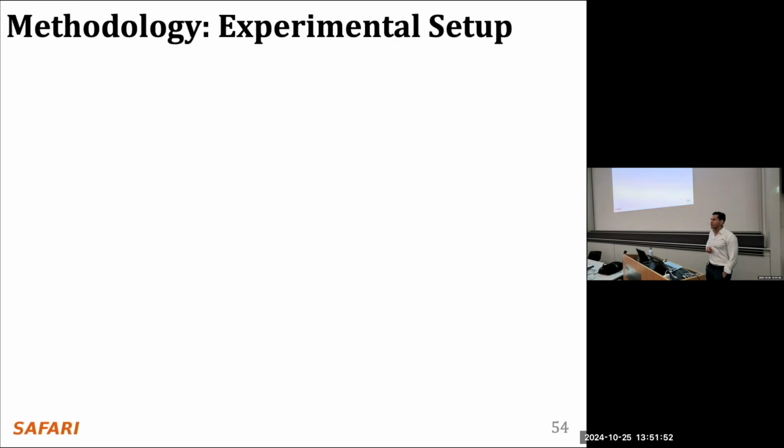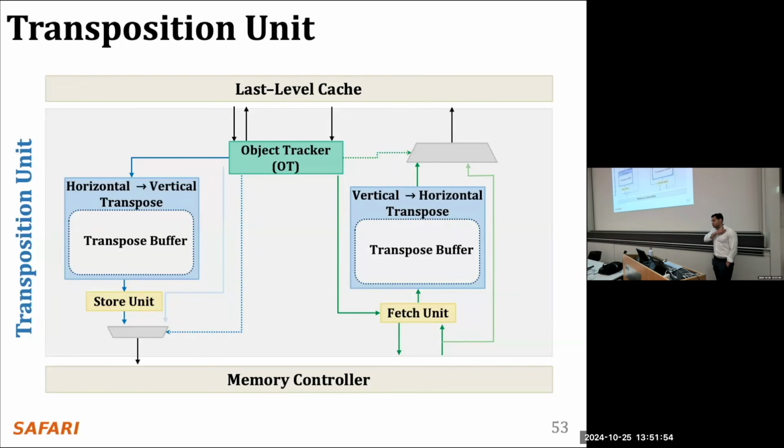It's not when the PIM is going to be used, and it's also not the entire DRAM that is transposed. So only the memory objects. This model assumes that you, as a programmer, know which arrays, for example, are going to be later used in processing using DRAM operations.